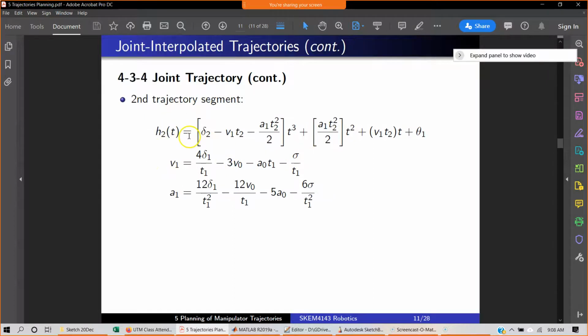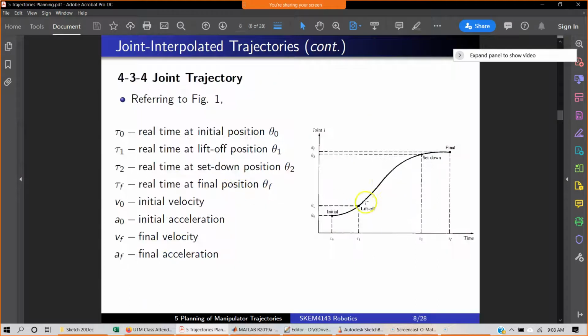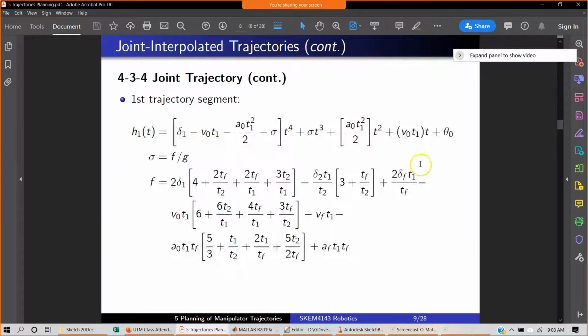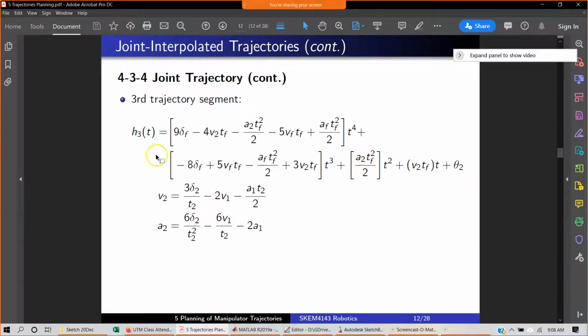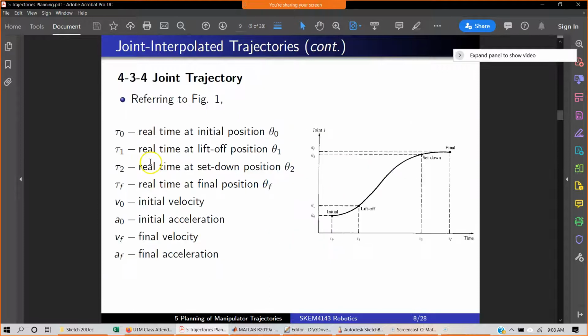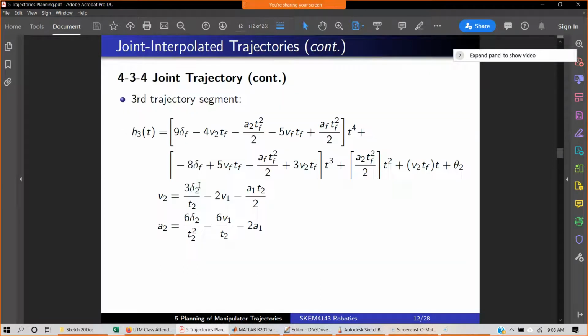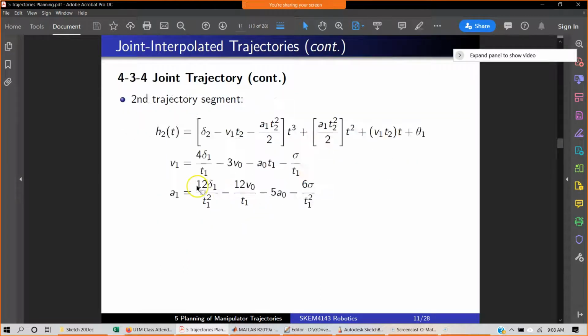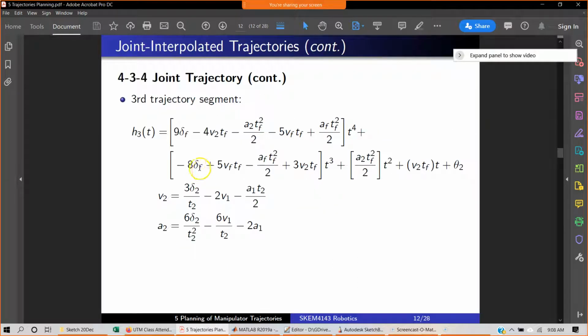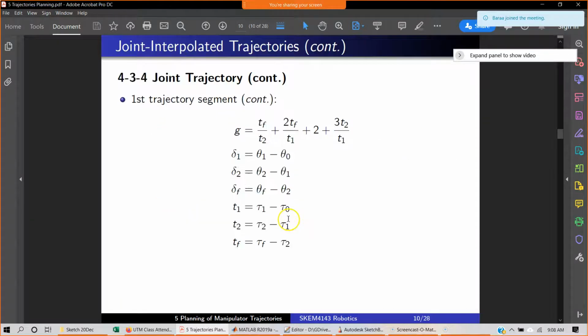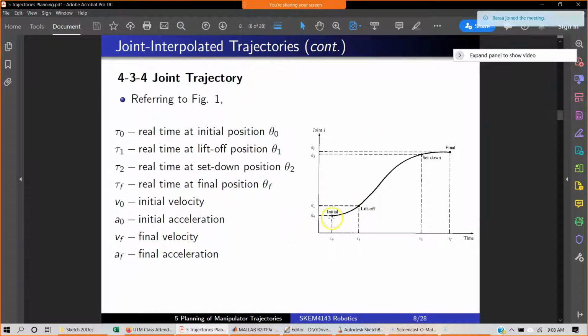This is H2, the second segment right here. And then finally, of course, we have H3. In this chapter, it's all about computing these segments. H1, H2, and H3 are derived such that these points are passed through.